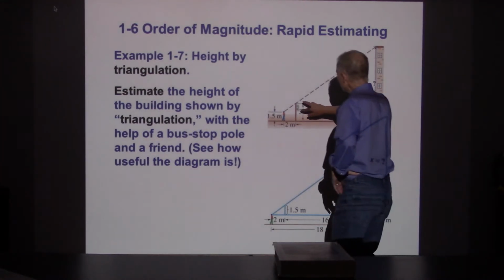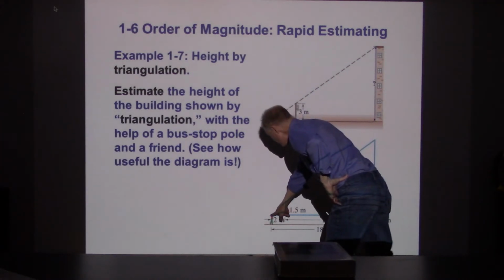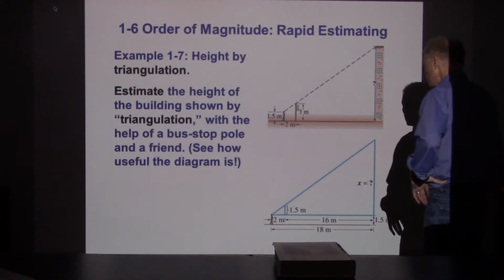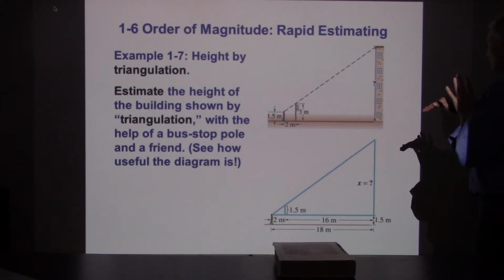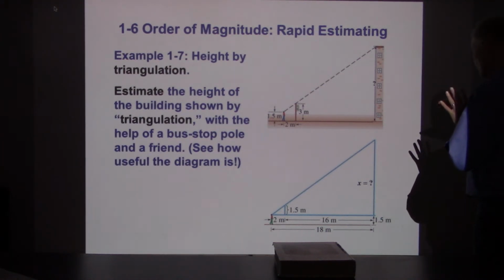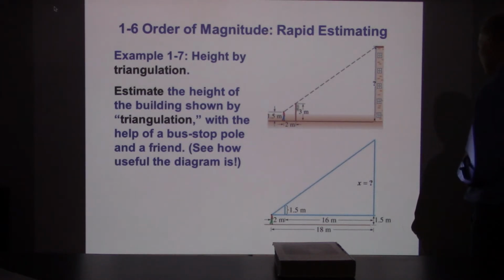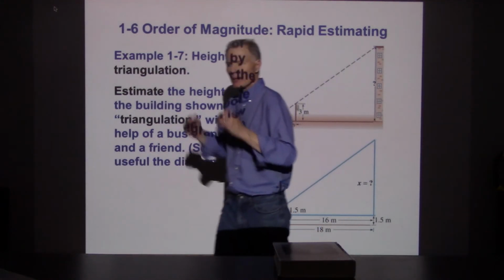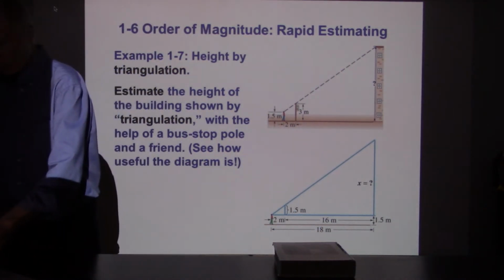What they identified was that if we use the person's eye level as a baseline, they had to measure 2 meters out to the bus stop pole and an additional 16 meters out to the building. So they did walk over to the building and make a measurement there. And then, the top of the bus pole is 1.5 meters above eye level.